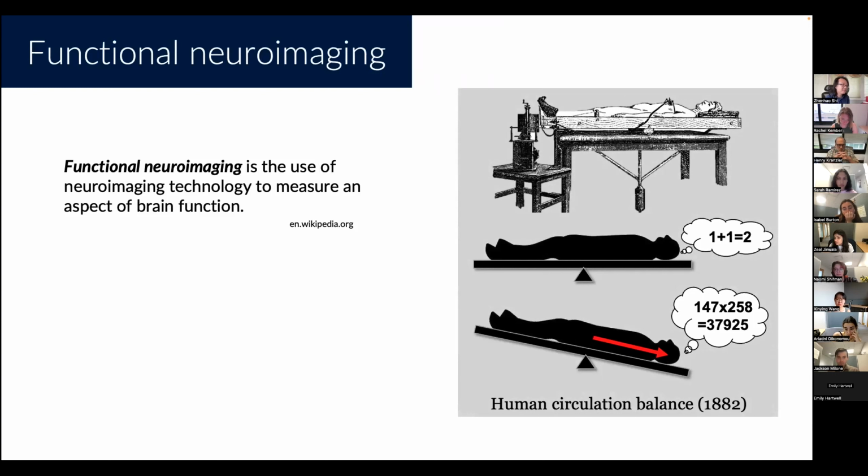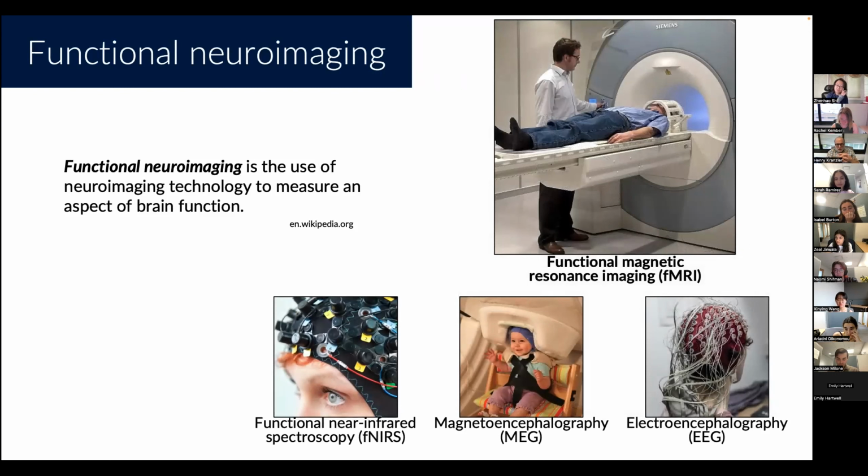The idea is you put a man on a seesaw, and if he starts to think really hard, you assume the brain will require more blood, and the more blood flows to the brain, it will break the balance. It was very simple, but you can say it's neuroimaging. The modern techniques are much more sophisticated, but the idea is basically the same: to associate mental activity with neuroactivity.